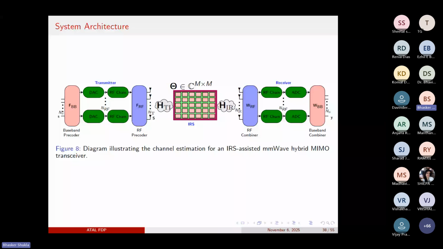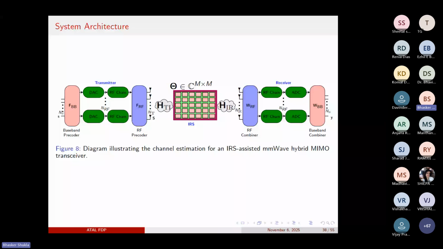So basically this is the combination of a millimeter wave hybrid MIMO system assisted with IRS. Here is the channel between transmitter and IRS, HTI, and HIR is the channel between IRS and receiver, and IRS is modeled with theta here.